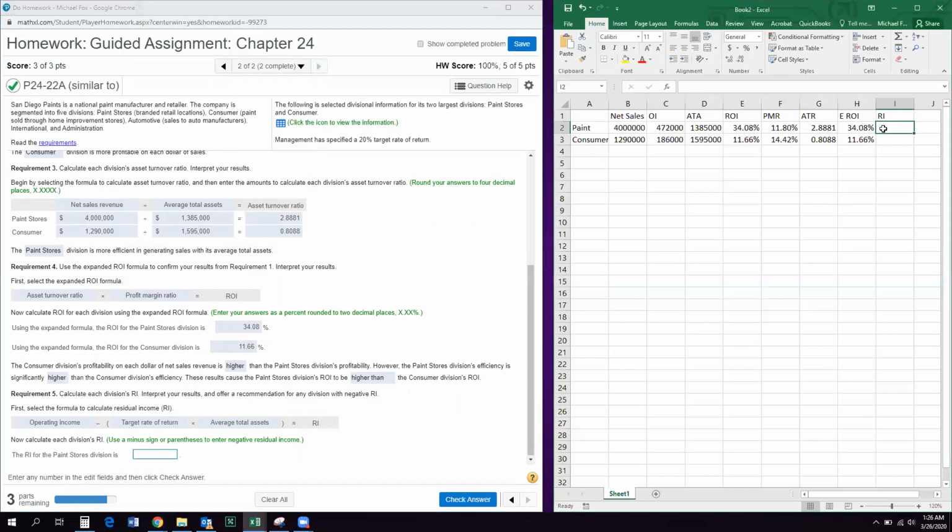All right, so I'm going to say this equals our operating income minus our target rate of return, which is 20% or 0.2, times our average total assets. That will give us our residual income.